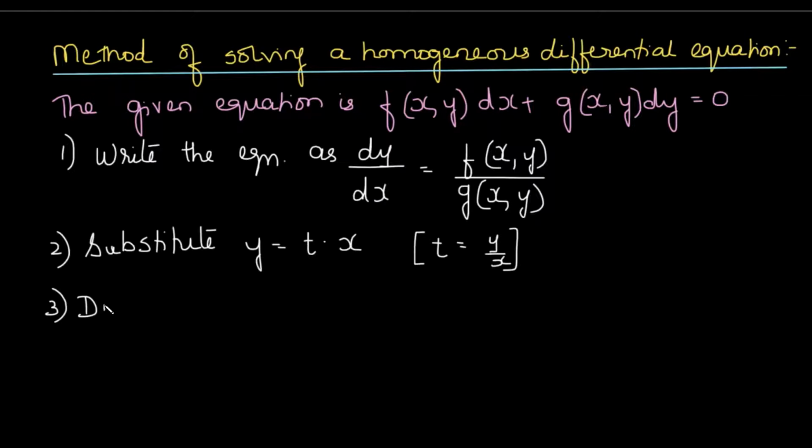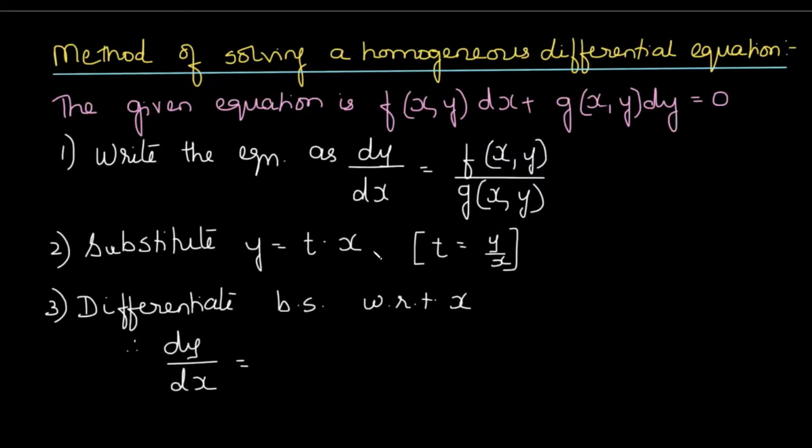So the next step is differentiate both the sides with respect to x. When we differentiate both the sides of this equation with respect to x, on the LHS we get dy by dx. And what about the RHS?